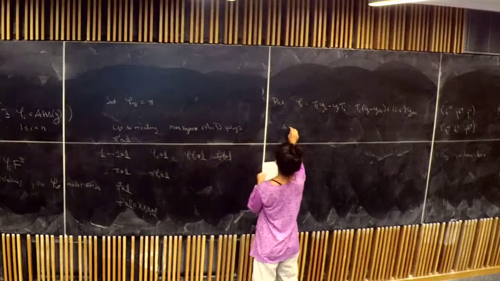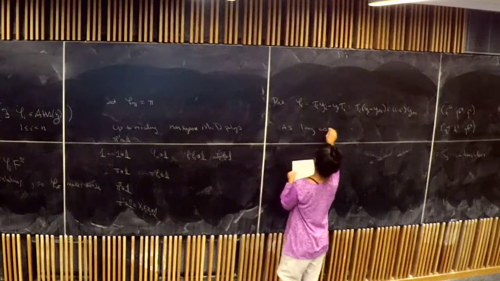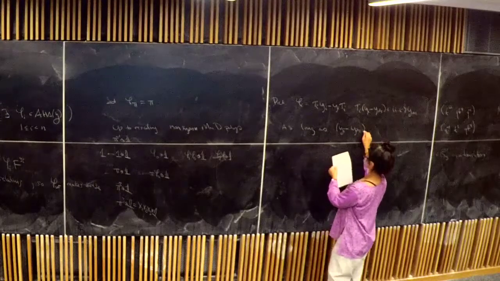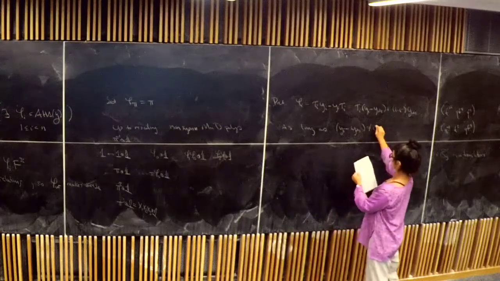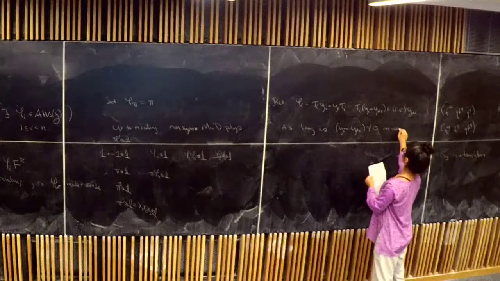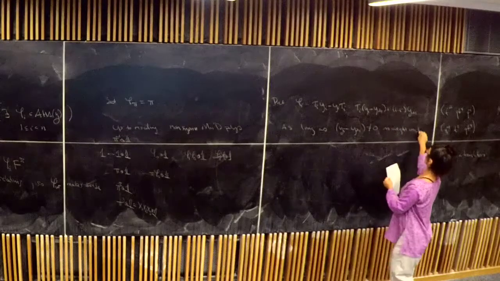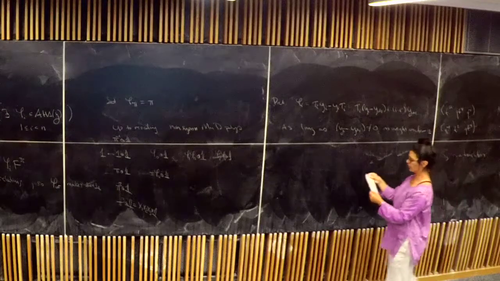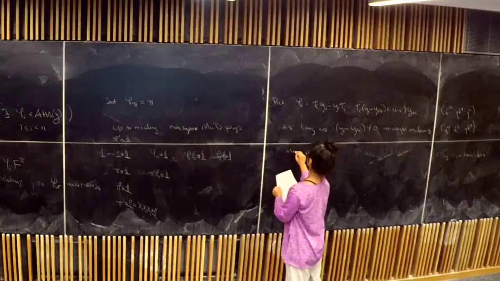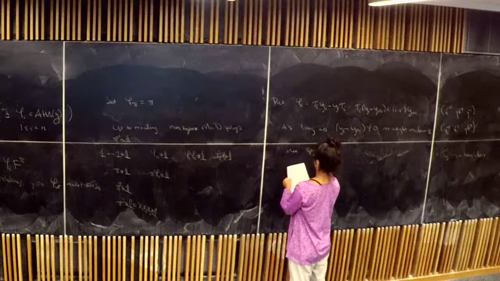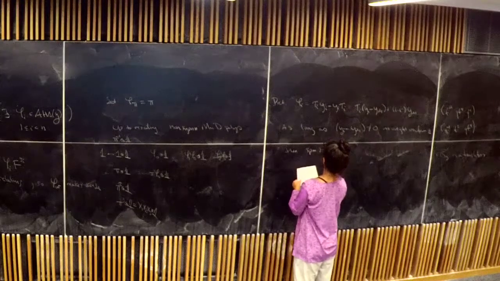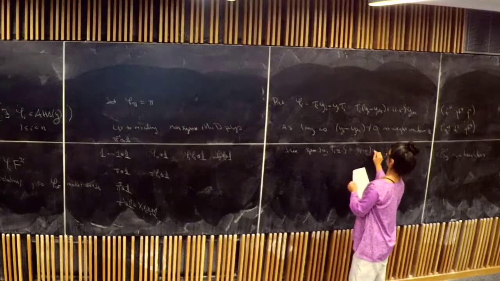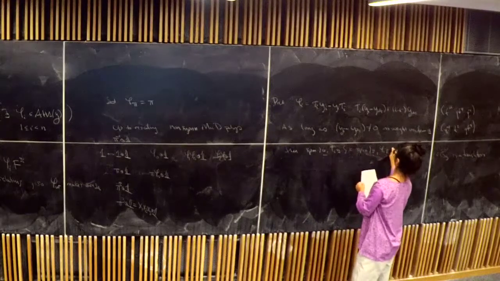Okay, but let's observe, as long as yi minus yi plus 1 doesn't vanish on any weight vector, let me call it weight vector u, then the span of u and TIU is equal to the span of u and CIU, and in particular two-dimensional.